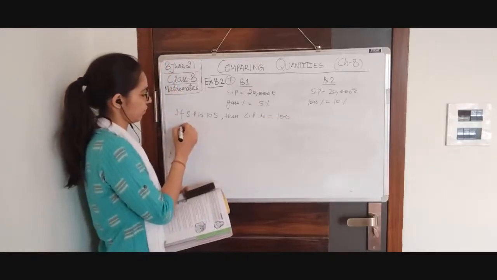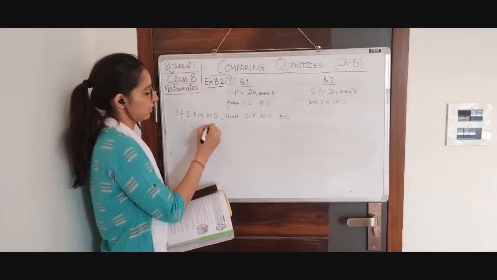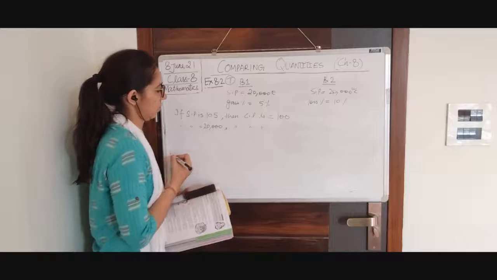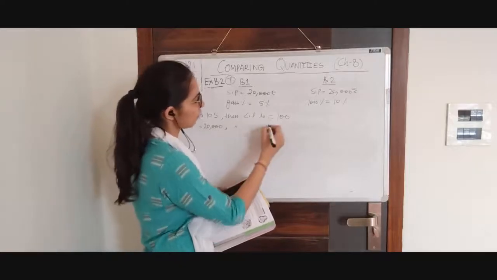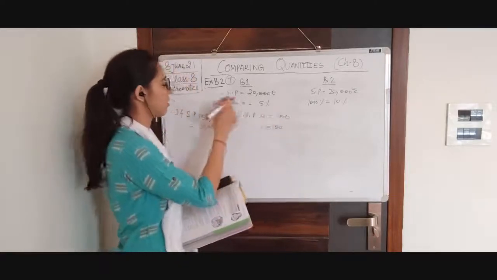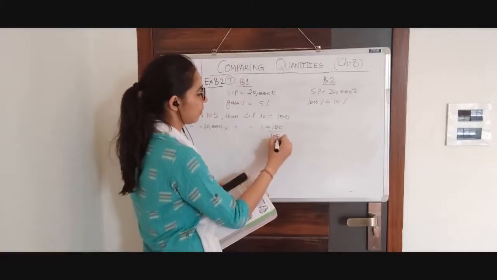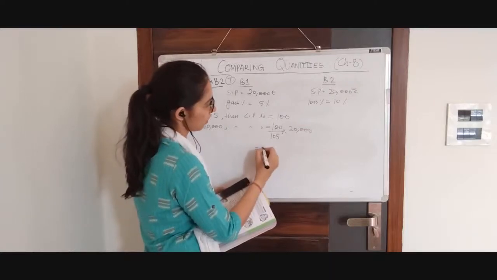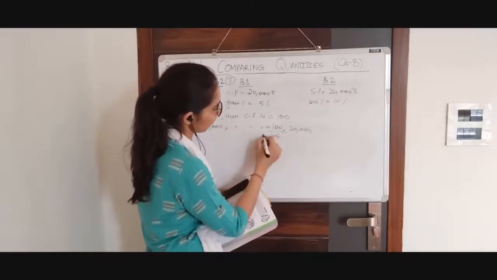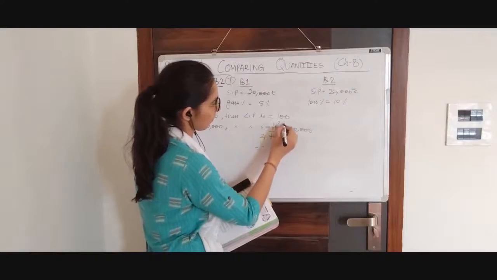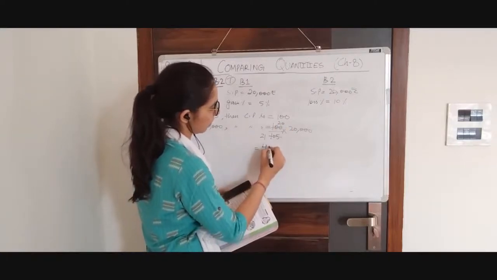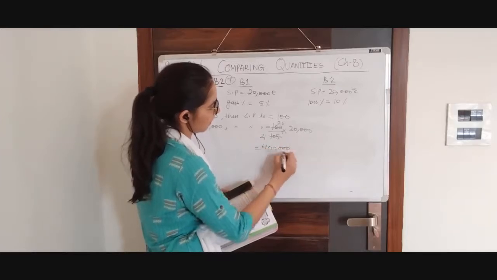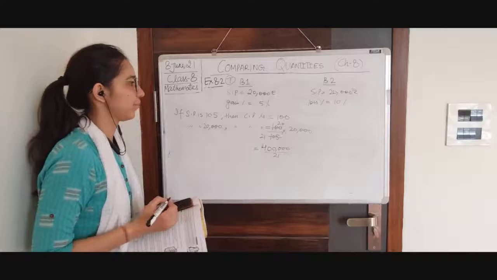So if selling price is 20,000, your cost price will be 100 divided by 105 into 20,000. Okay, it will be divided by 21, this much.